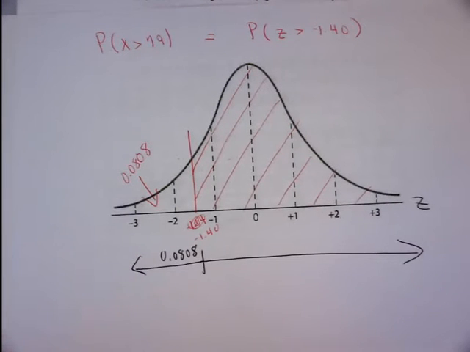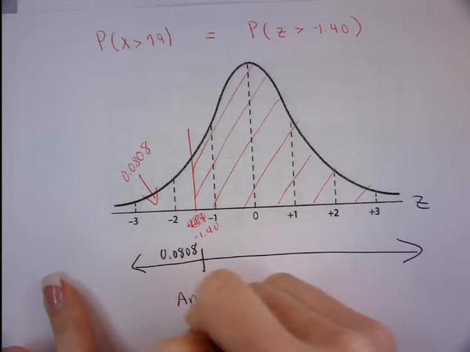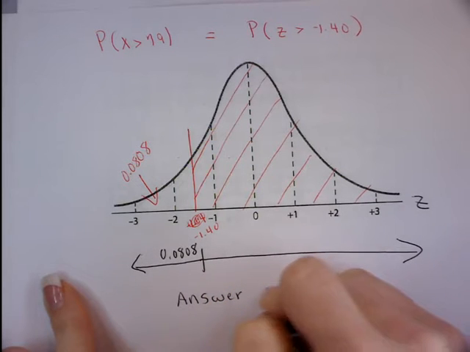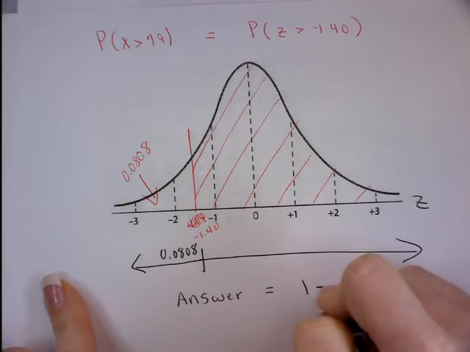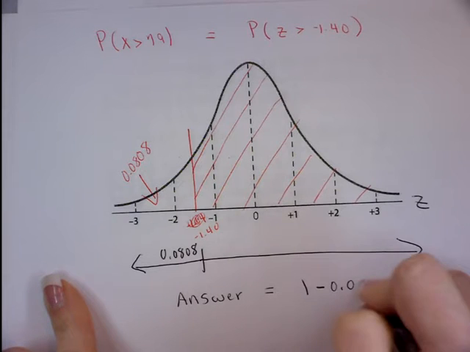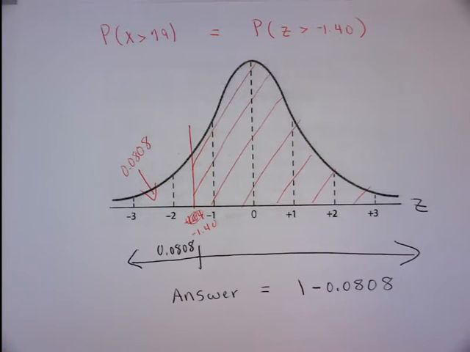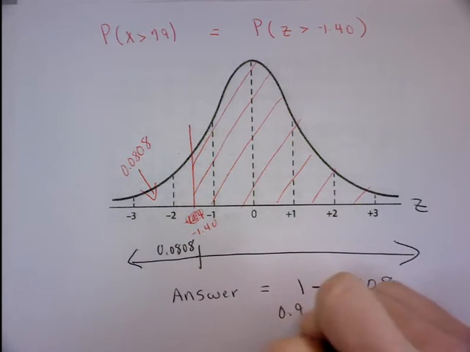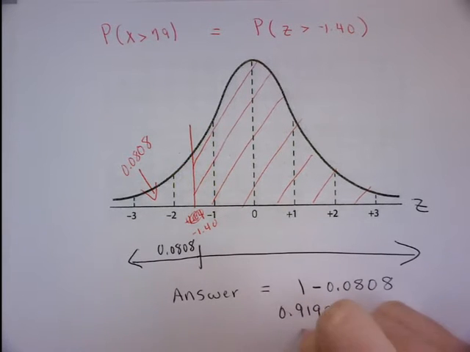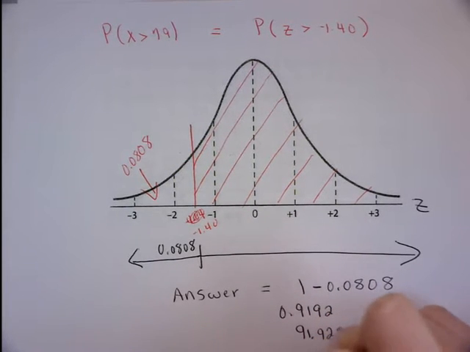So the answer to the question is going to be the total area under the curve, take away the 0.0808. And that would leave the area in red, which is the area we are trying to find. And that is 0.9192, or 91.92%.